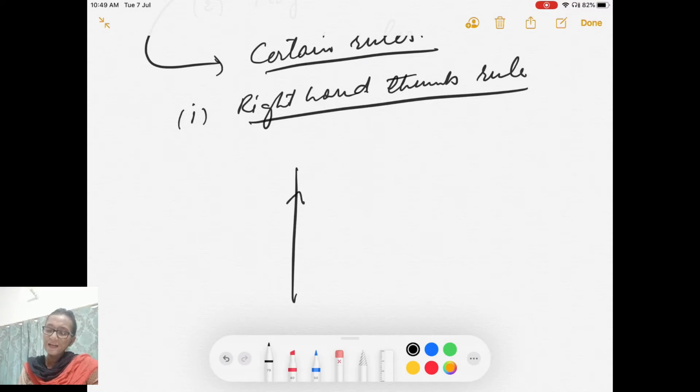It suggests that if you catch a current carrying conductor by your right hand in such a way that the thumb is pointing along the direction of current, then your curled fingers will give the direction of field at those points.